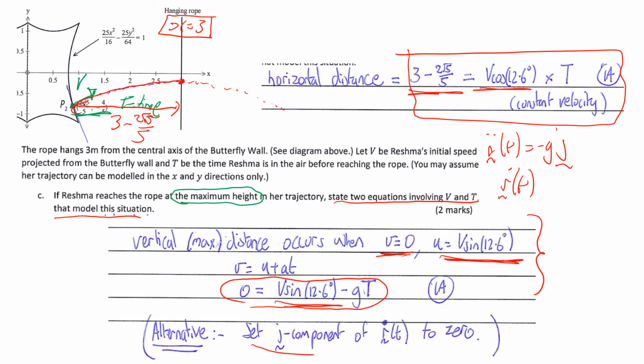So we could always set the j component to 0 in our r dot t, our velocity vector function, and arrive at the same rule. Okay, so hopefully that's clear enough.